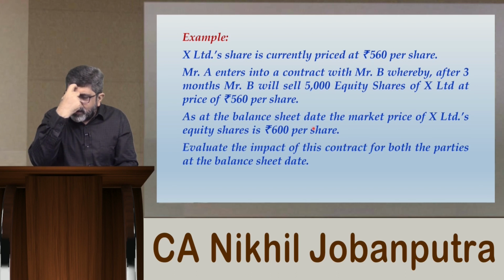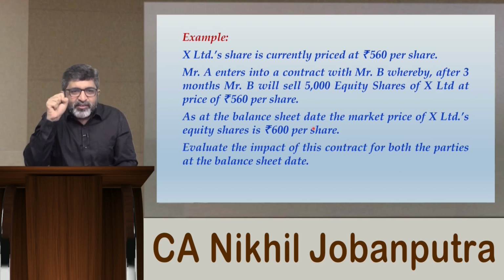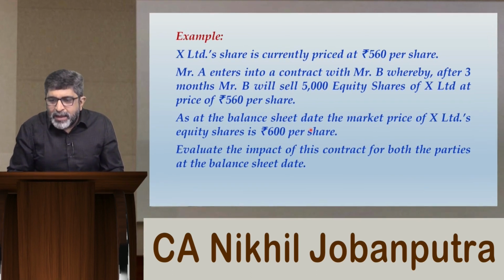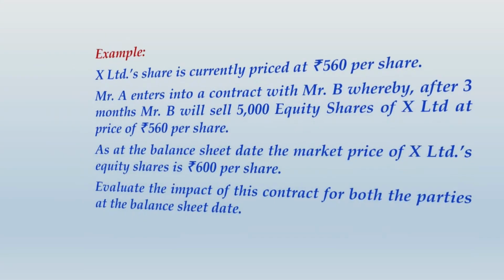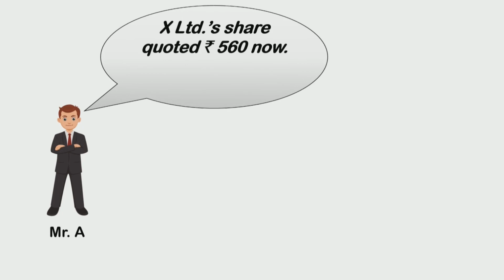So let us add some more flavors to this example and then extract some meaning out of it. Just try to understand what I am showing here. With respect to the same example, Mr. A says that X Limited's share is quoted at rupees 560 now and after 3 months the price will rise.